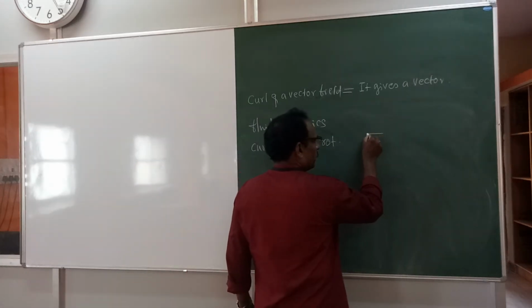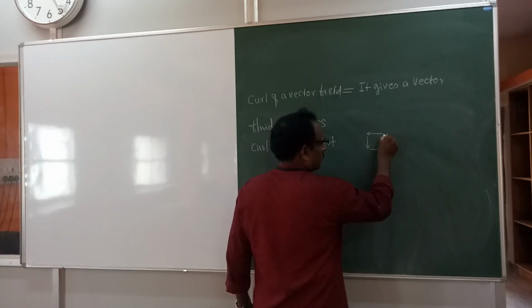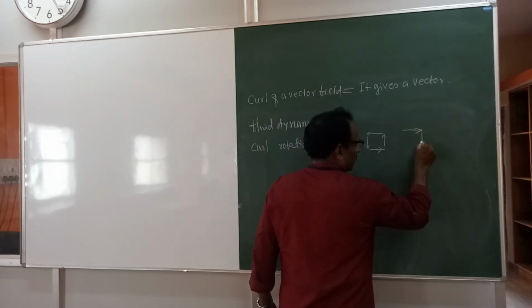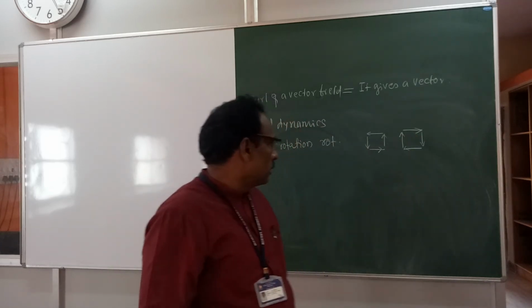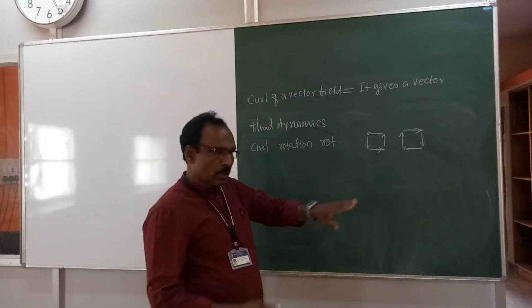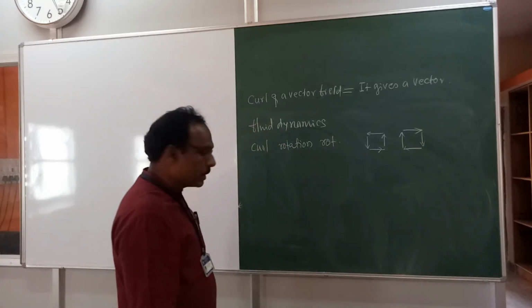A fluid vector has some rotation or circulation, maybe in a downward or upward direction, that we can call vorticity.